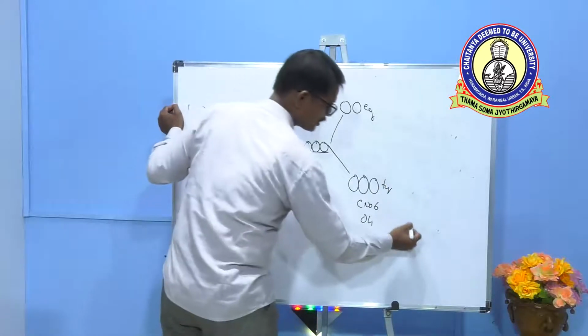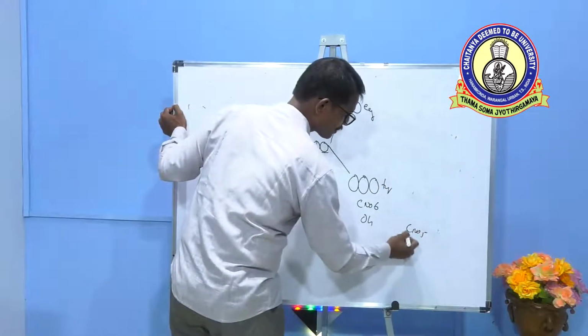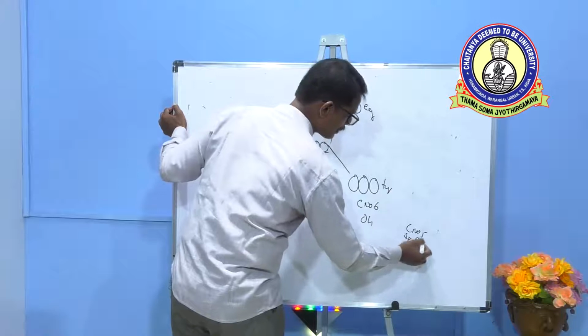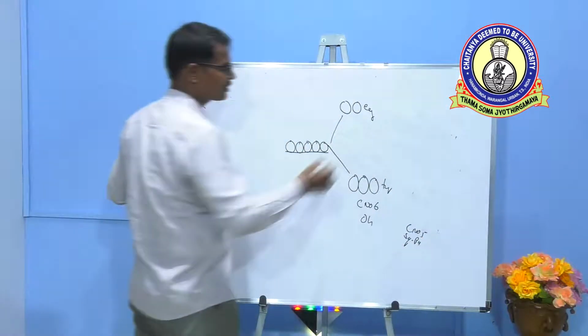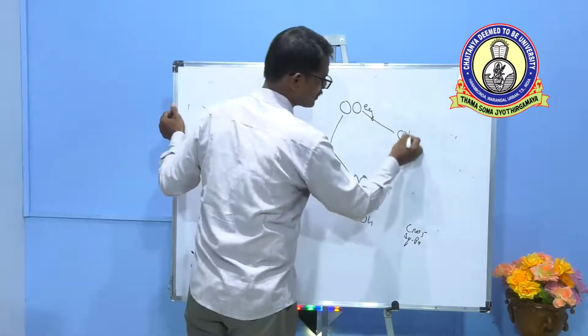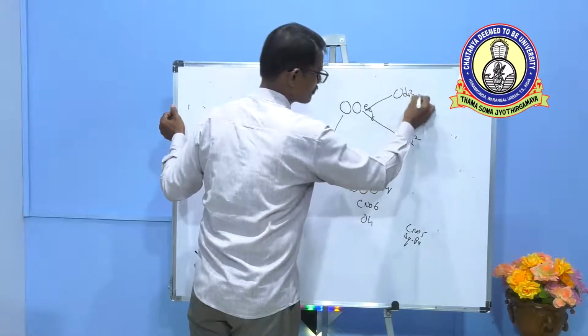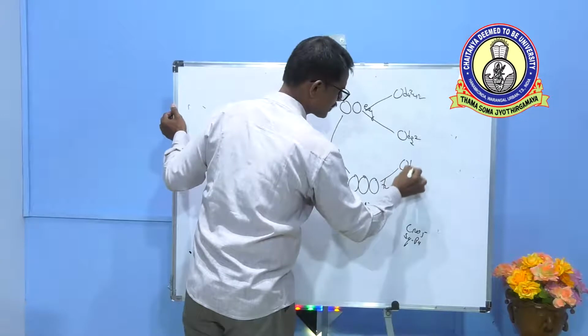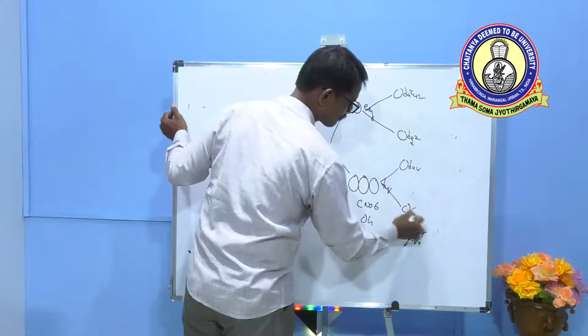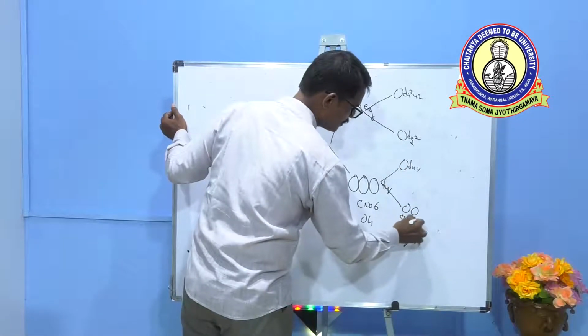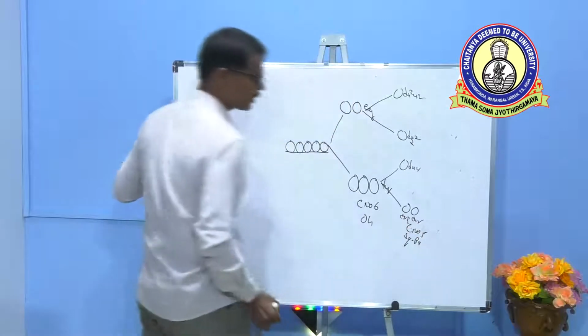If you consider coordination number 5, square pyramidal, it means one ligand is removed along the z-axis. Here dz square decreases, dx square minus y square increases. Here dxy and dxz, dyz. This is coordination number 5.